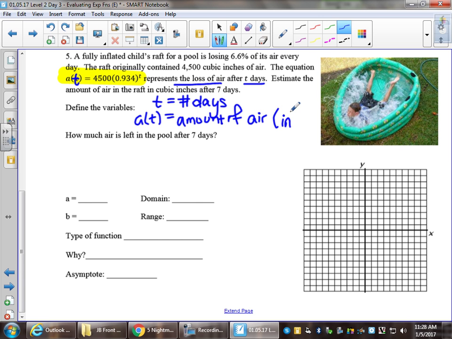So inches to the third is how we write cubic inches. Your task is to figure out what? Yes, let's do that. Figure out how much air is in the pool after 7 days. How much is left?